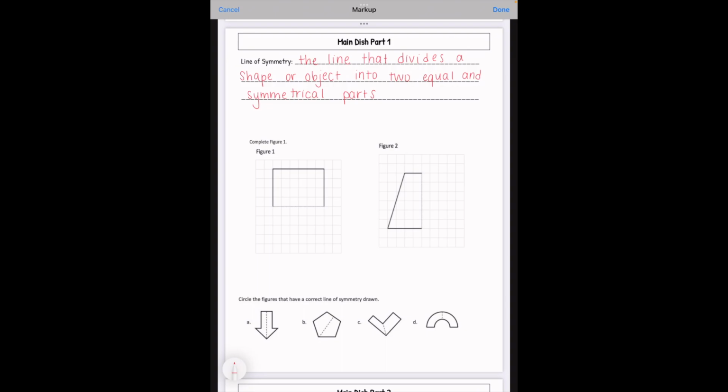We're going to use this definition to help us below either create two equal and symmetrical parts or to determine if the line that's being drawn even is symmetrical.